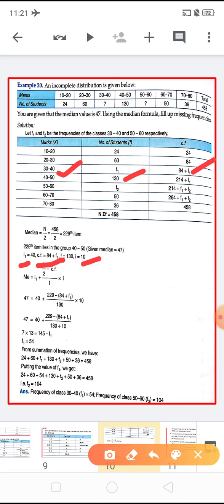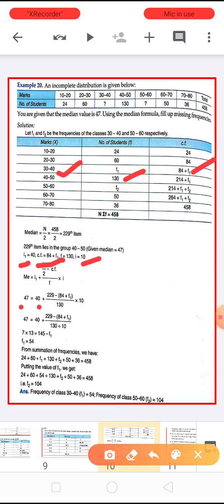So children, the same formula will be applied here: median equals L1 plus (n by 2 minus CF) upon F into I. By putting in the values, the median is 47, L1 is 40, plus n by 2, that is 229, minus the preceding one, 84 plus F1, divided by 50, into 10.